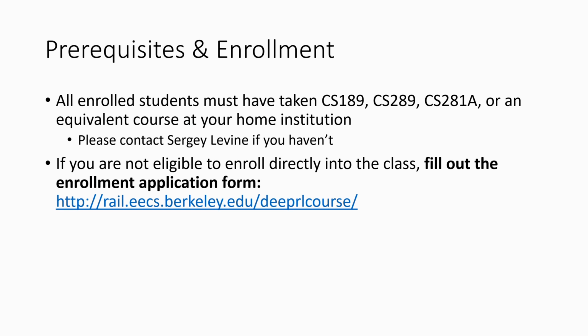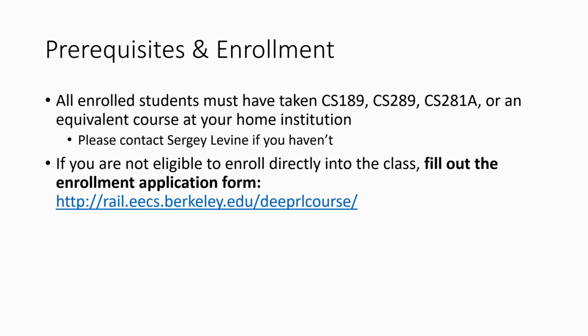Please make sure to fill out the enrollment application form on the course website. So this is the mechanism that we will use to determine who to enroll in the course. We do not use the official Cal Central waitlist because we can't ask questions about prerequisites and things like that via that waitlist. So please make sure if you want to be enrolled in the course and you cannot enroll directly through Cal Central, fill out that form. We will go through that form probably this Friday or this weekend, and then we will send enrollment codes to people who are at the top of the list.